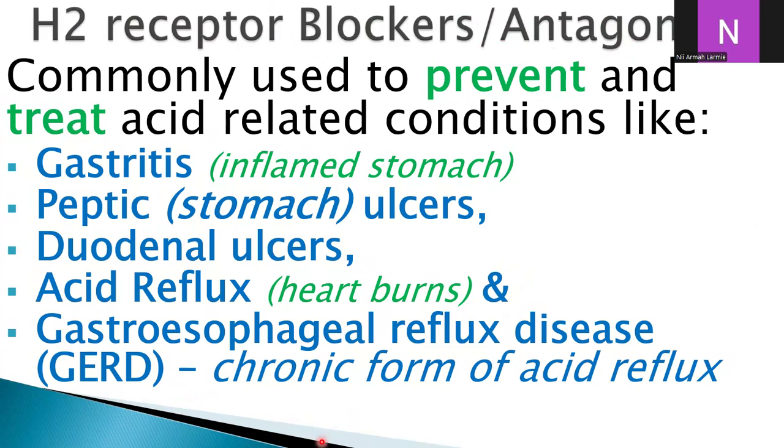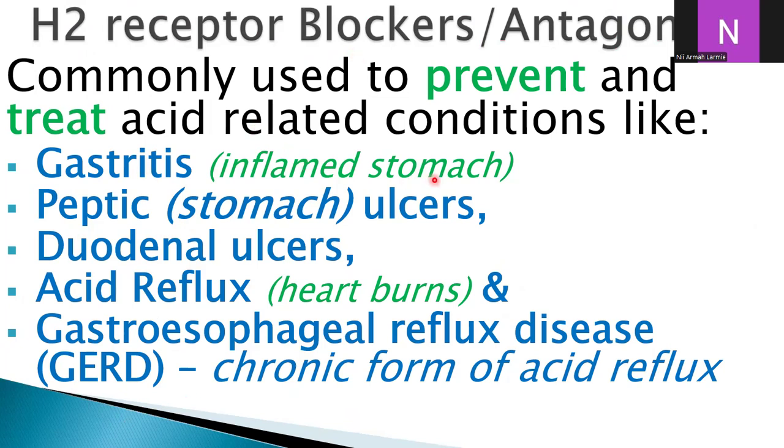We can use them for duodenal ulcer prevention or treatment, acid reflux, and for GERD, which is a chronic form of acid reflux. So you see that all these are acid-related problems, and we can use our H2 receptor blockers to help us.